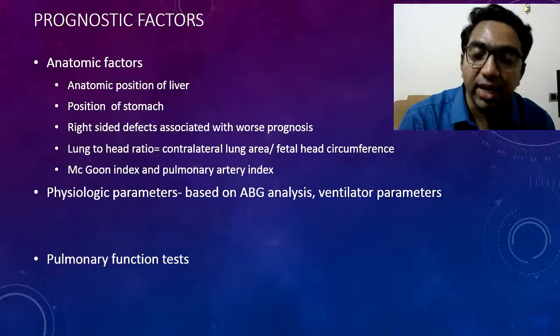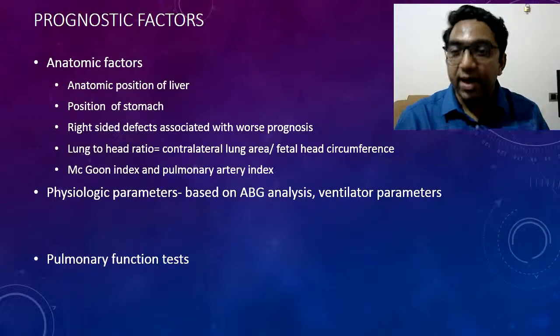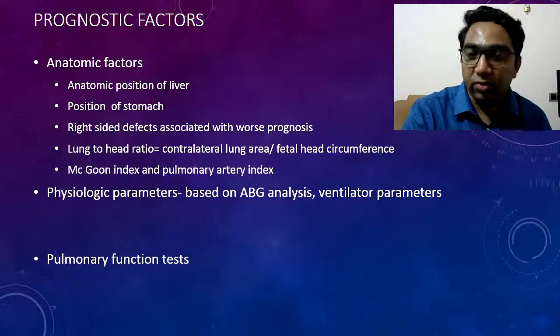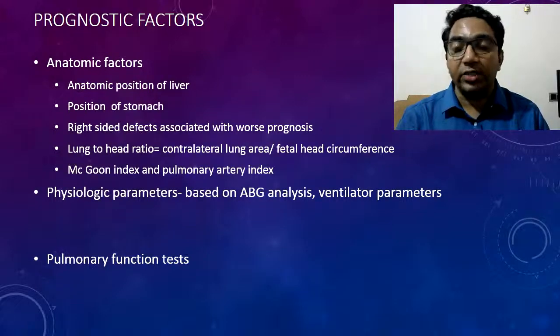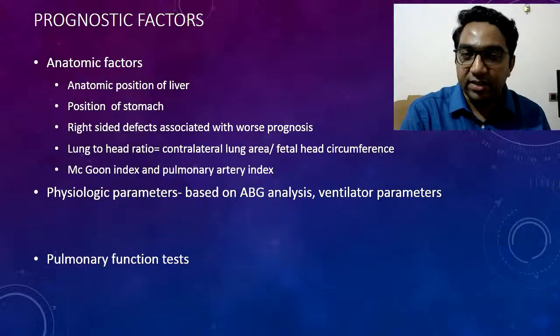Even though the left-sided congenital diaphragmatic hernia is more common than the right side, right-sided defects are associated with worse prognosis. Lung to head ratio. In lung to head ratio, the contralateral lung area divided by fetal head circumference is looked at.